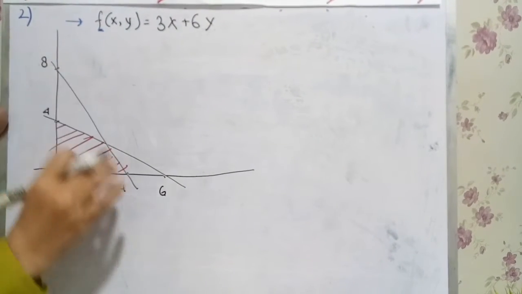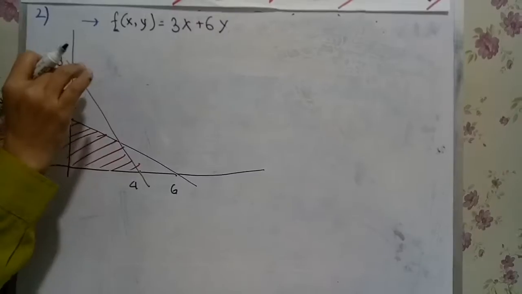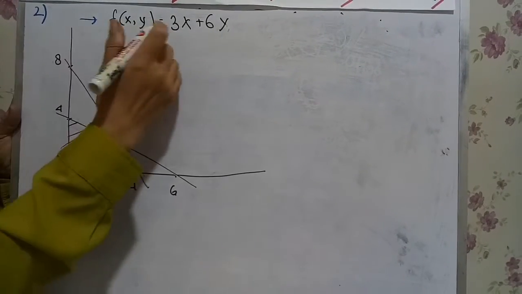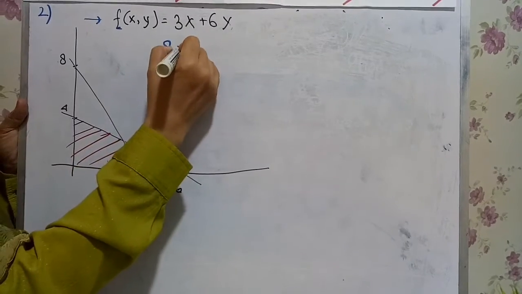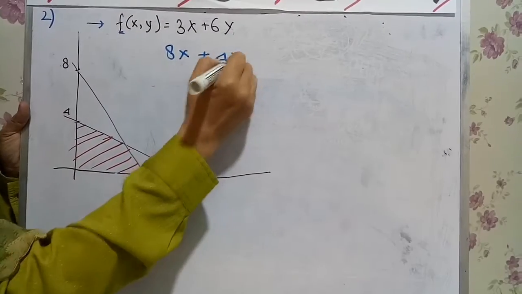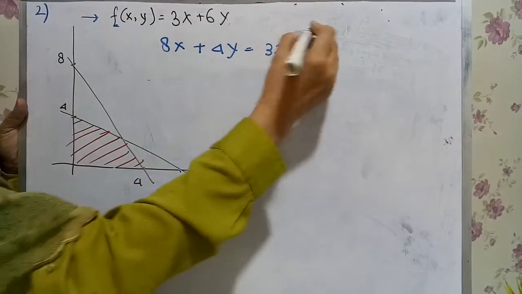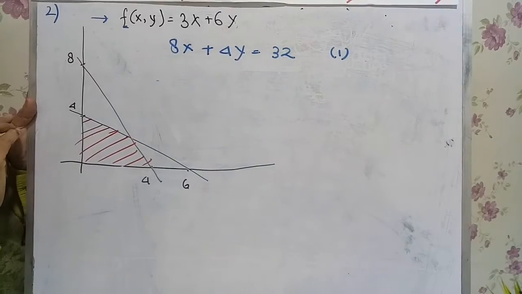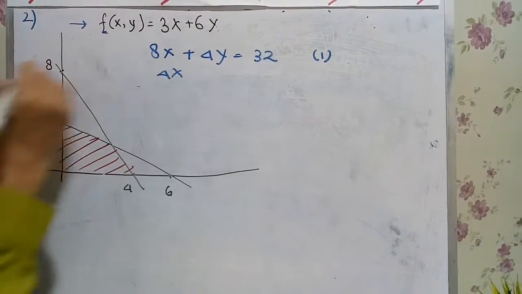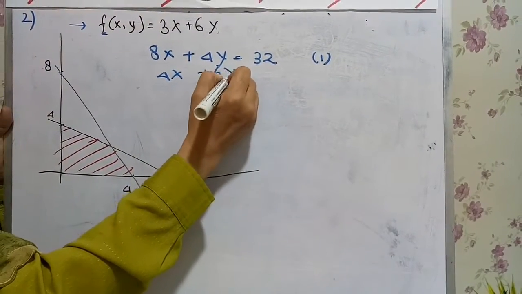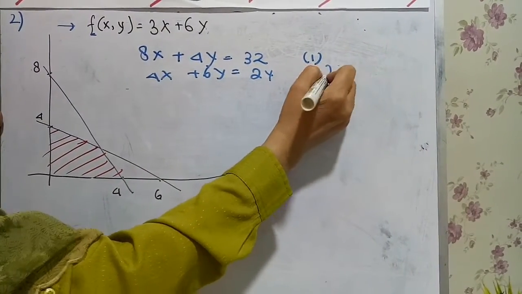First line, the 8 and the 4. Since this intercepts x and also y, the equation is right away 8x plus 4y equal to 32. I name it equation 1. And for this, 4x plus 6y equal to 24, and this is equation 2.